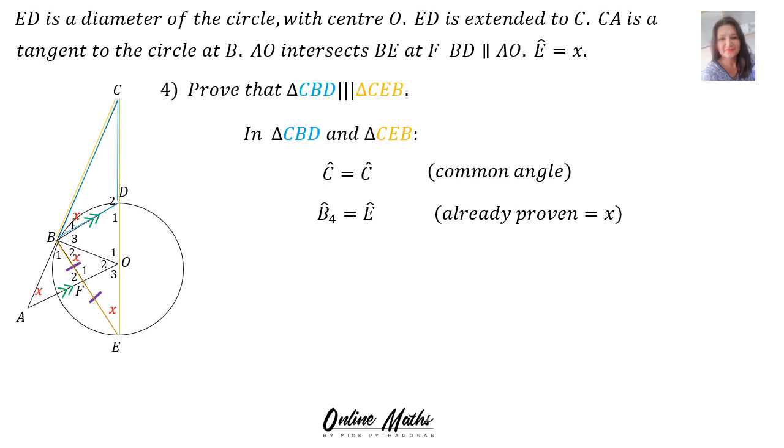And therefore, without thinking, we can say that the remaining angle D2 is equal to angle CBE. And that's the third angle of the triangle. And then you can say, therefore, triangle CBD is similar to triangle CEB, and your reason, angle, angle, angle.